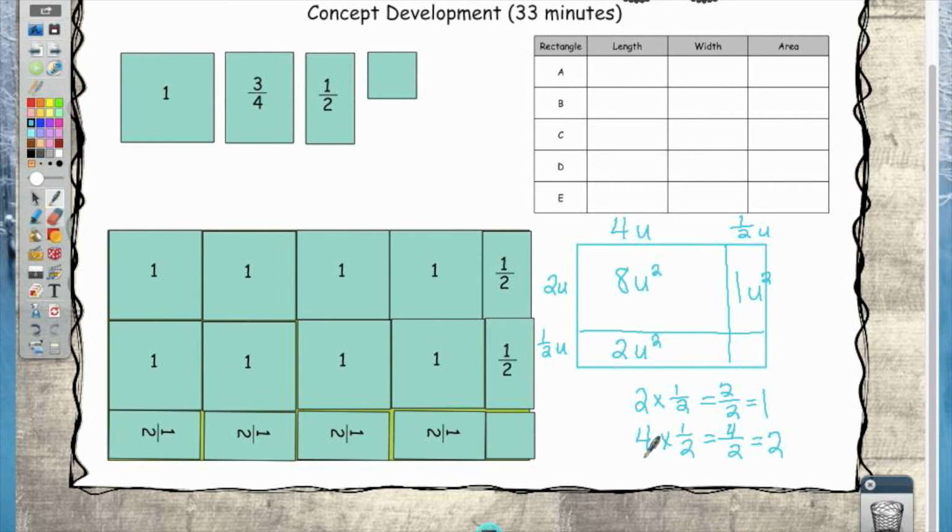So don't say anything. Let's let everyone think it through. So what's 1 times 1? 1. And what's 2 times 2? 4. So the area of this little square is what? 1/4 unit squared. Okay. Now I forgot to put my length and width on here, so let's do that next.